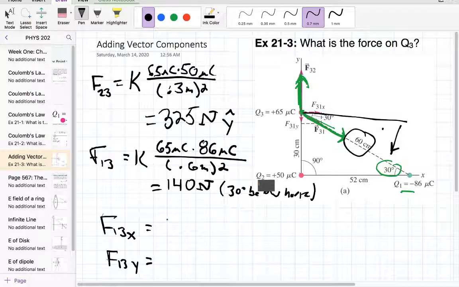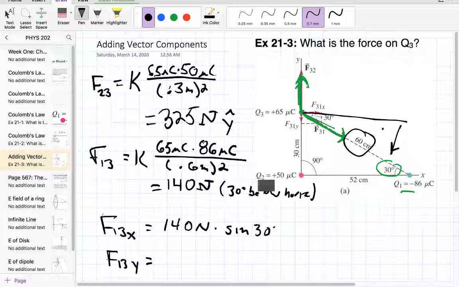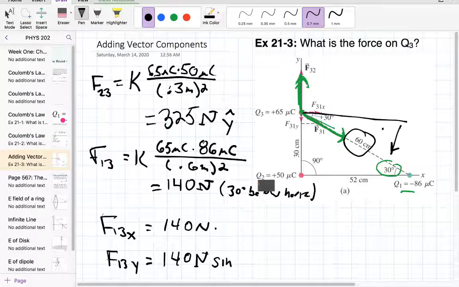Oh sorry, I had them in the wrong order. The y component is going to be 140 newtons times the sine of 30 degrees. And the x component is going to be 140 newtons times the cosine of 30 degrees. So we can calculate those.